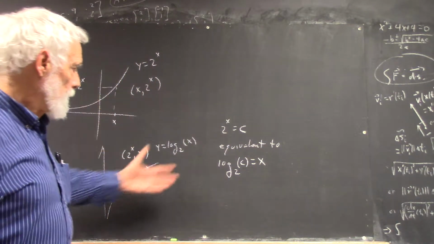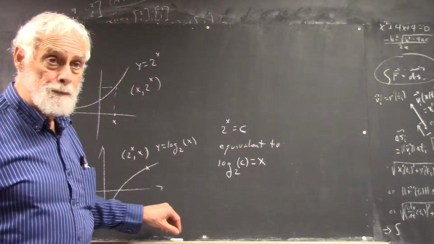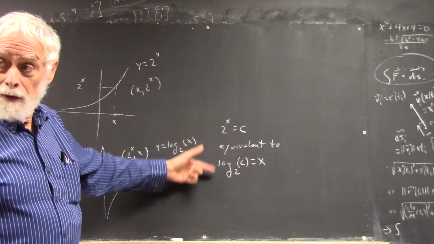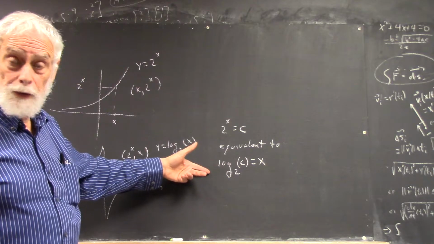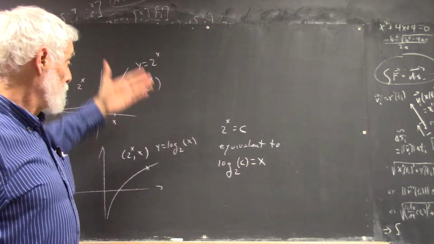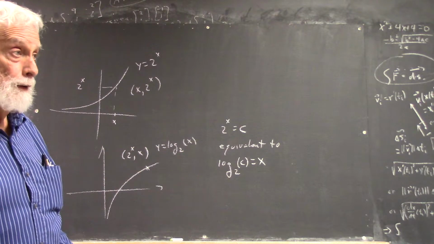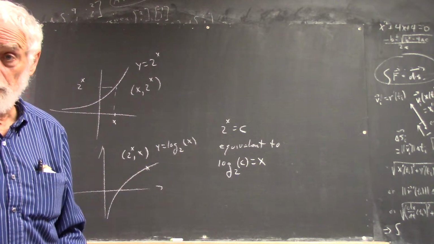Now there's a little jump from here to there, but this is something that's pretty obvious if you understand the relationship between the 2 to the x function and the log 2 function, the basic idea of inverse functions.